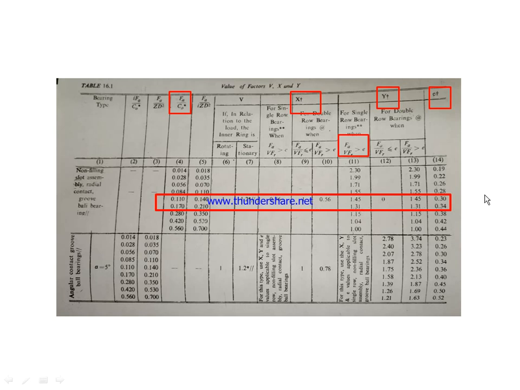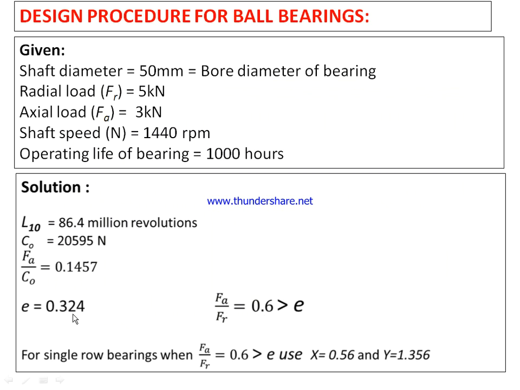So for 0.110 it is 0.30, for FA by C naught equal to 0.170 it is 0.34. So hence for value of FA by C naught equal to 0.1457, what is the value of E? So that is possible by interpolation. So by interpolation you will get the value of E as 0.324.